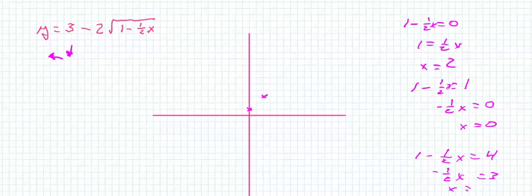X is equal to negative 6. So 1, 2, 3, 4, 5, 6, and I'm right here. Normally I go over 1. Now I went over 2. Then I go over 4. I went over 1, 2, 3, 4, 5, 6, 7, 8.